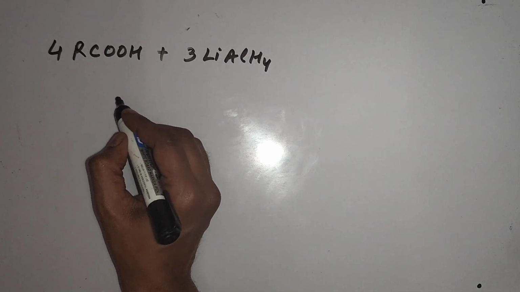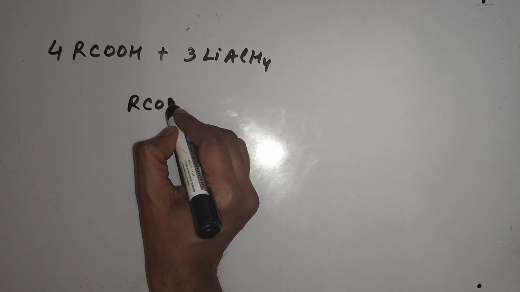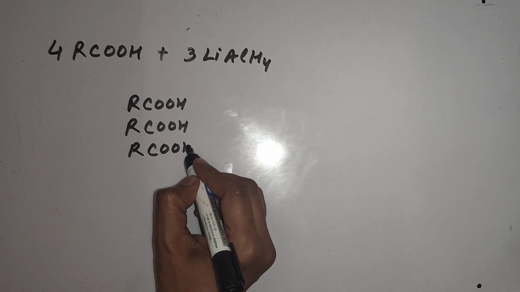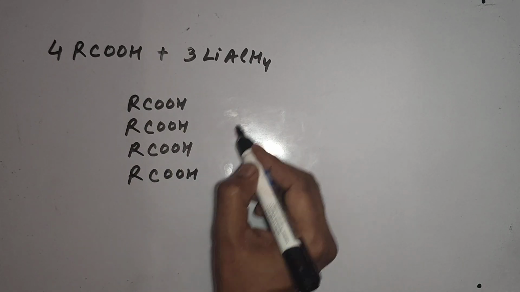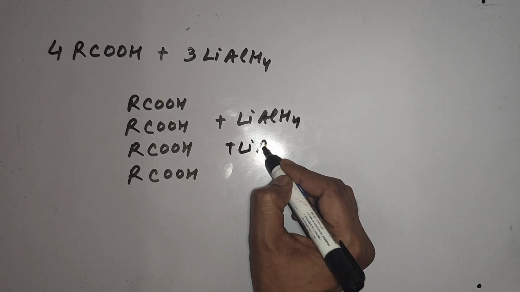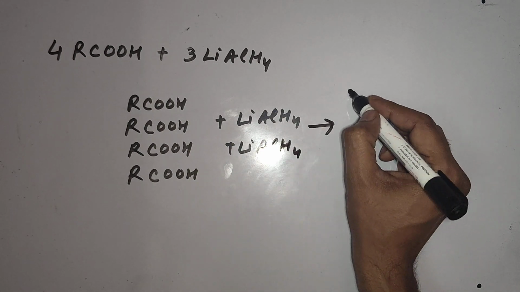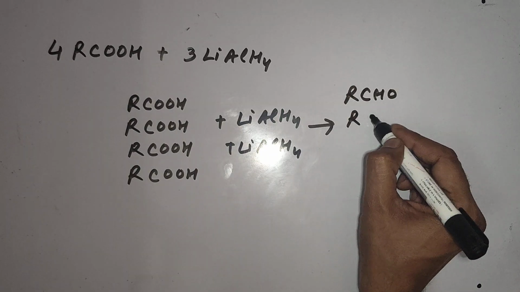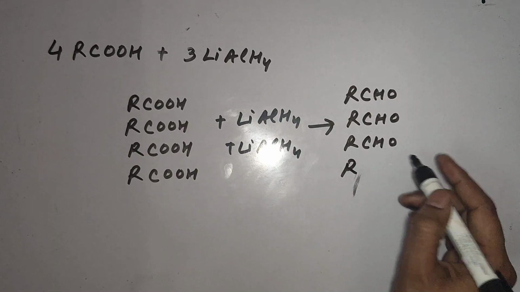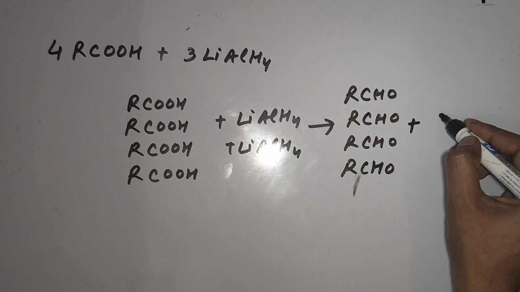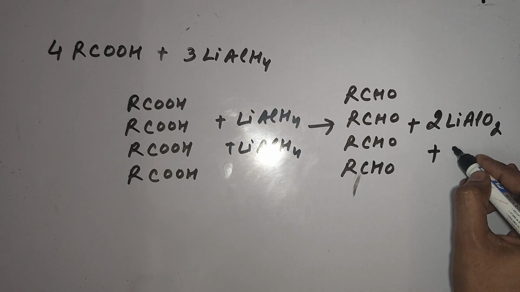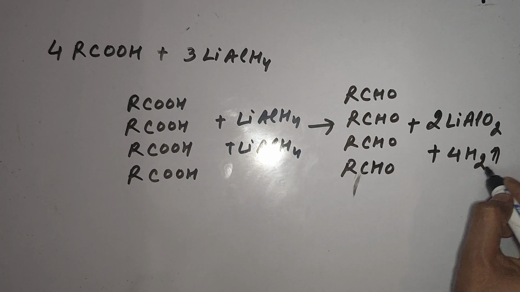Let me tell you why. 4 carboxylic particles, due to 2 lithium aluminium hydride particles, will turn themselves to 4 aldehyde particles plus 2 lithium aluminium oxide particles plus 4 hydrogen gas particles will generate out.